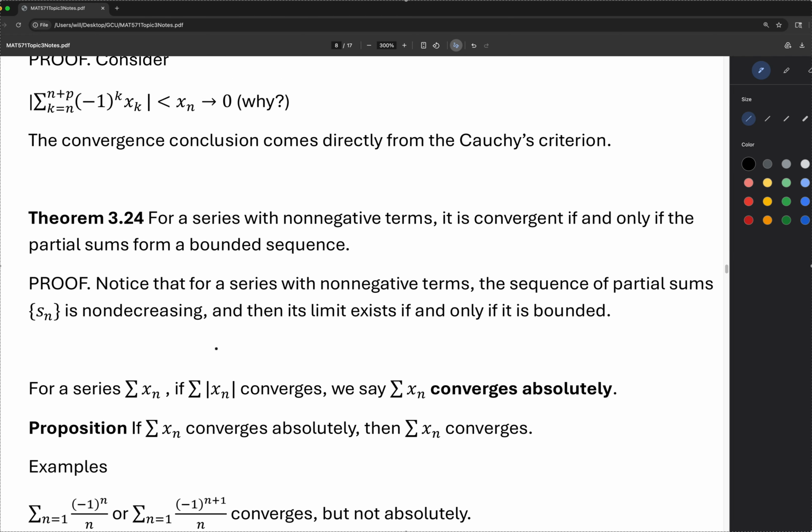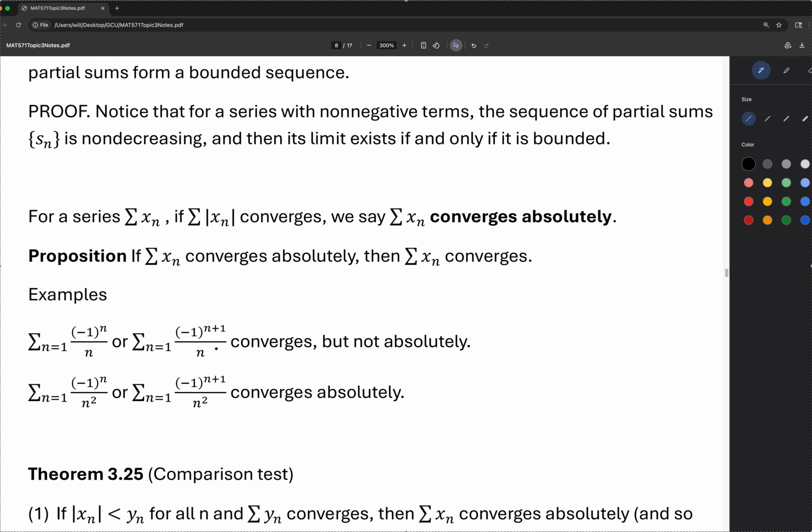And then another big thing you may want to know about the convergence of series: we have a stronger version of convergence for series, the so-called absolute convergence. Concept-wise, it should be easier to follow. If the series formed by the absolute values of the terms converges, then we say the series converges absolutely.